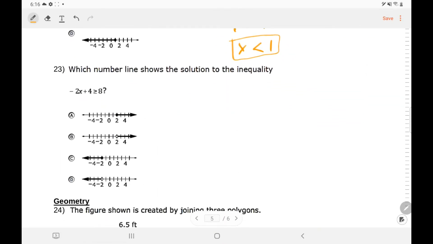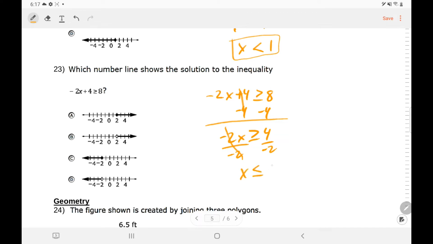Similarly, with question 23, which number line shows the solution to the inequality? So negative 2x plus 4 is greater than or equal to 8. Subtract 4 on both sides. We get negative 2x is greater than or equal to 4. Divide by negative 2 on both sides. And remember, whenever we divide or multiply by a negative number in an inequality, we flip the sign.